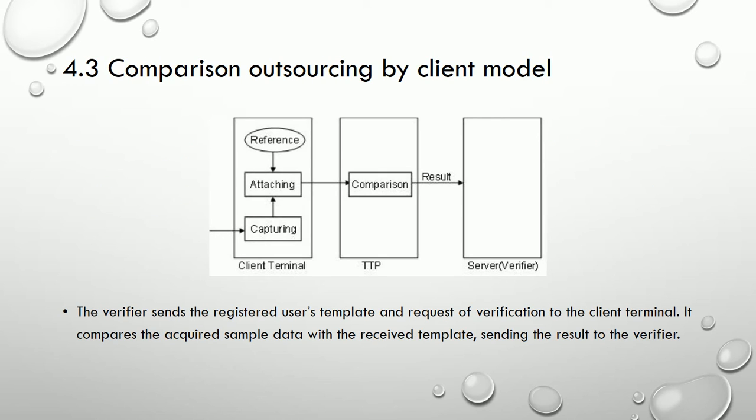And this is the comparison sourcing by client model. As we can see in the picture, the verifier sends the registered user template and the request of verification to the client terminal. It compares the acquired sample data with the received template, sending the result to the verifier.